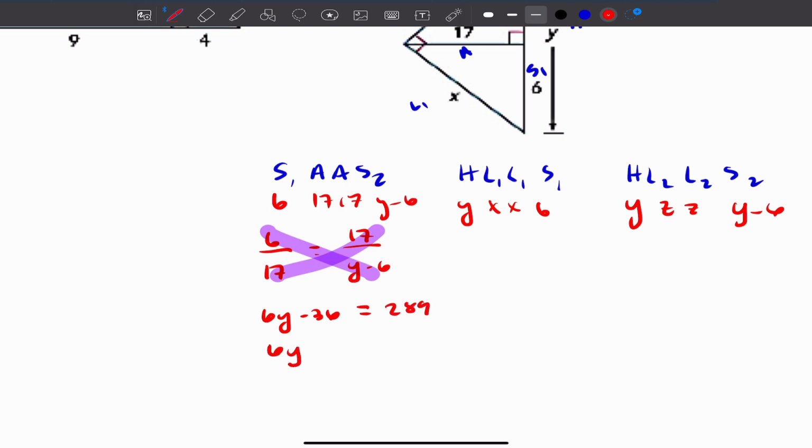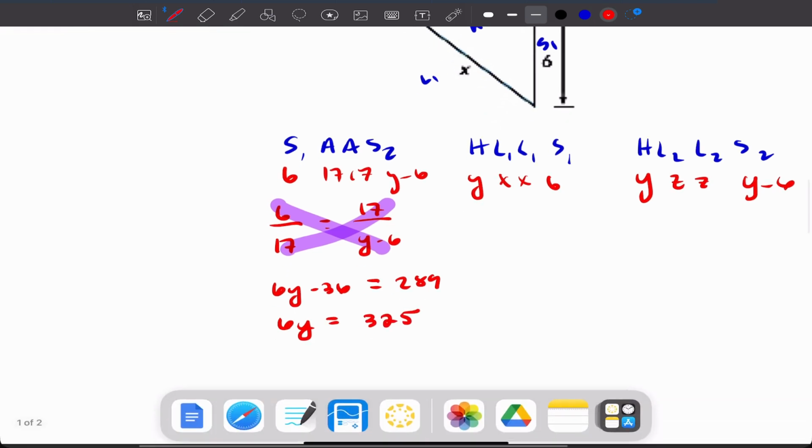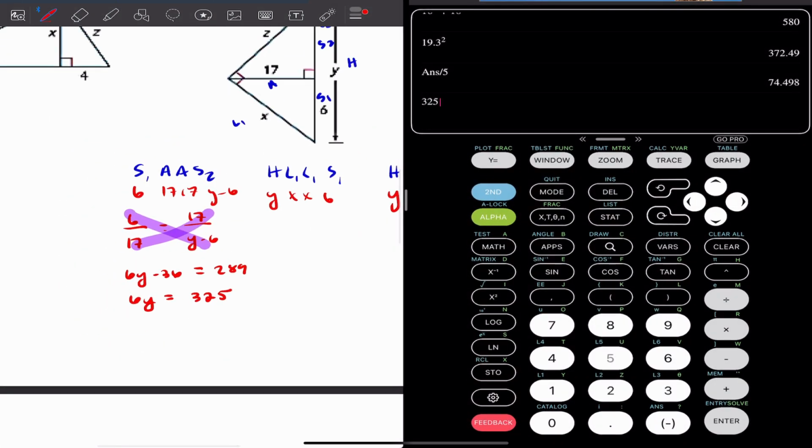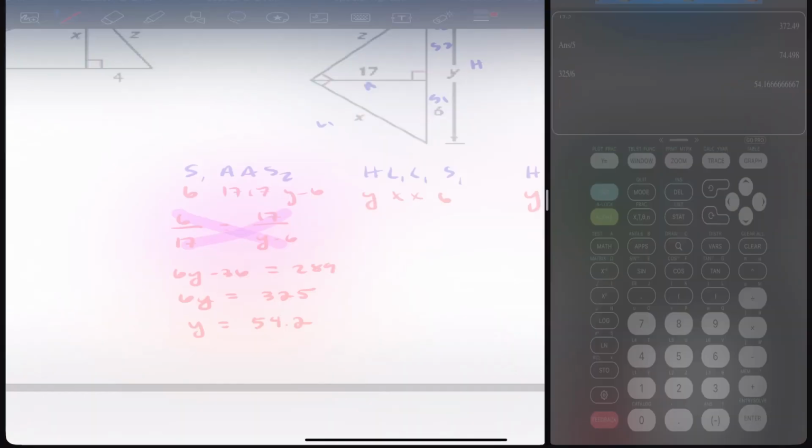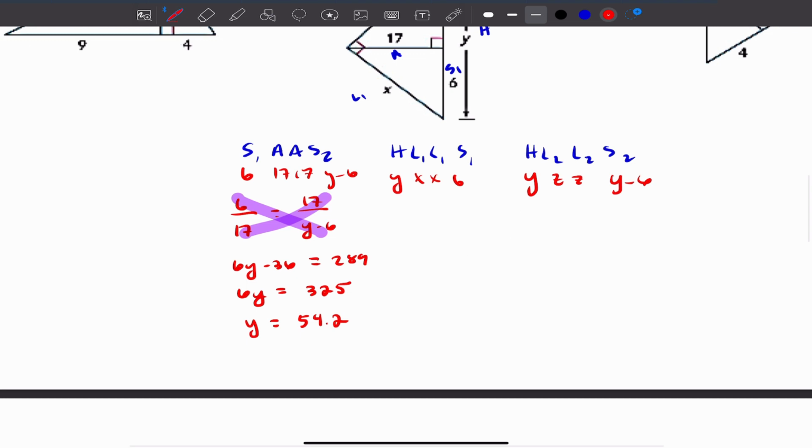Then I have 6y equals 325, and 325 divided by 6 is 54.1666, blah blah blah. I'm just going to say y equals 54.2, rounding to the nearest tenth. Now that I know what y is, I can replace my hypotenuse with 54.2.